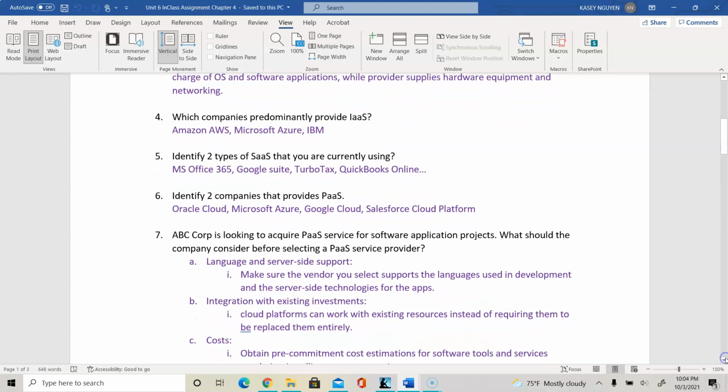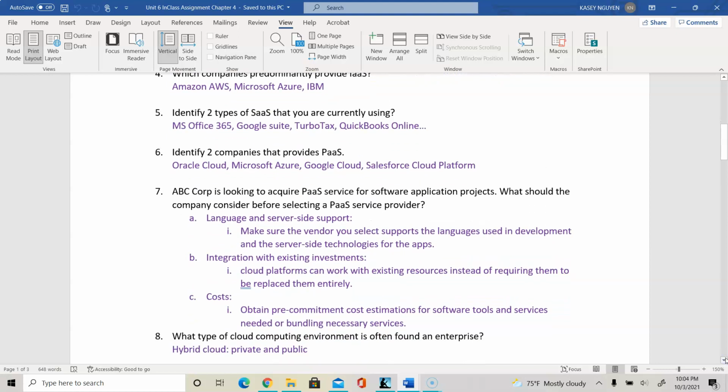Now for number 7, ABC Corp is looking to acquire a PaaS service for software application projects. What should the company consider before selecting a PaaS service provider? We need to look at language and server-side support. Make sure that the vendor selected supports the programming languages used in the development and the server-side technologies for the app. Second, ABC Corp needs to consider the integration of existing investments.